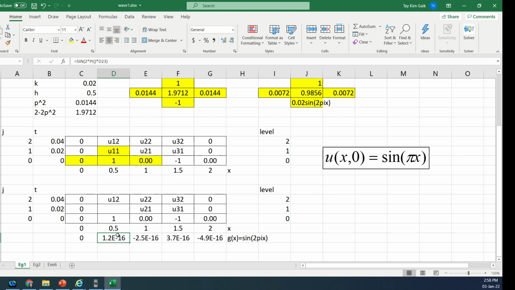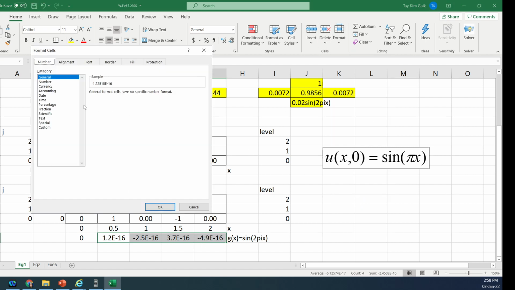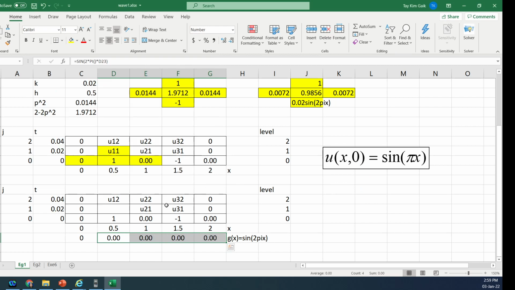You can see I changed the format to numbers. So you can see that when gx is sin 2 pi x, the value for gx is actually 0 for all the x: 0, 0.5, 1, 1.5, 2.